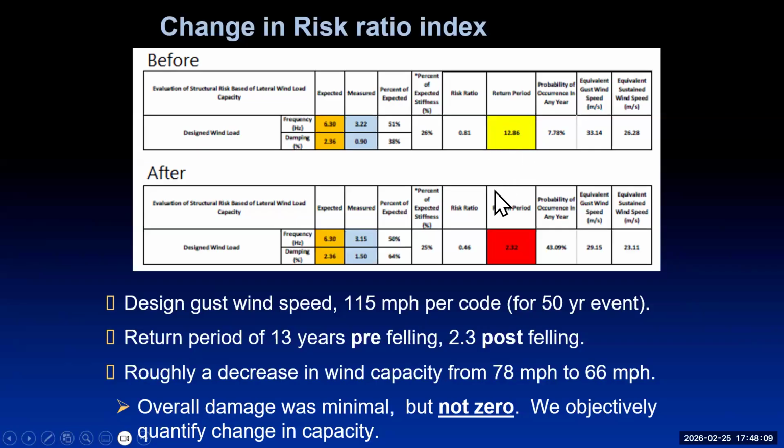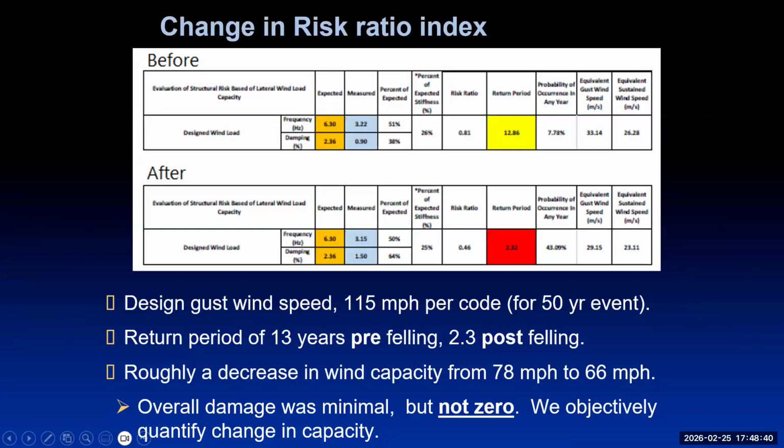And we come up with a return period: a normal building should displace to the elastic limit based on a code-compliant event, a 50-year wind, 150 miles an hour. What does something with half the capacity and a very low damping criteria do? Well, the wind that would take it outside the elastic limit is about a 78-mile-an-hour wind. So what we're basically saying is it should be here, but it's actually here. So it's a fundamentally weak structure.